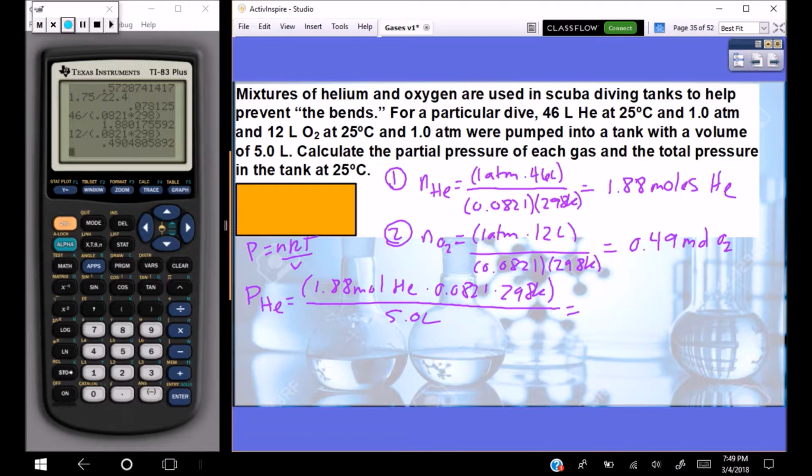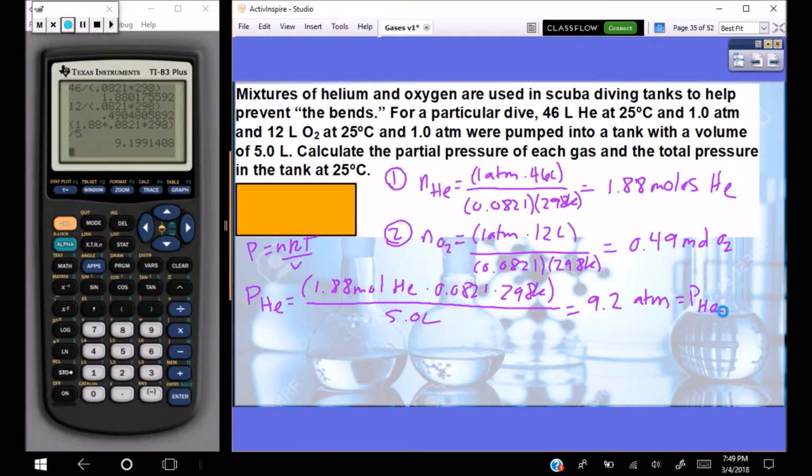All right. So 1.88 times 0.0821 times 298, and divide this by 5. All right, I guess I technically have 2 sig figs here, so I've got 9.2 atmospheres of pressure from helium. So this is my partial pressure of helium.